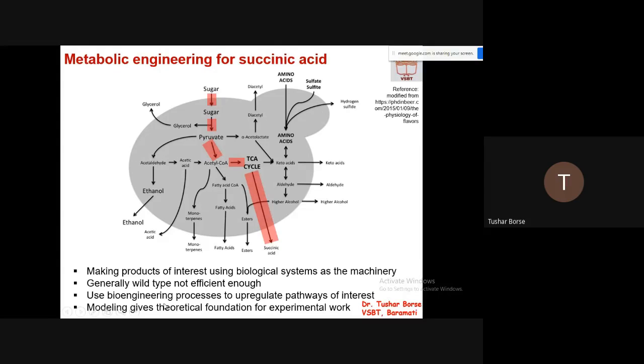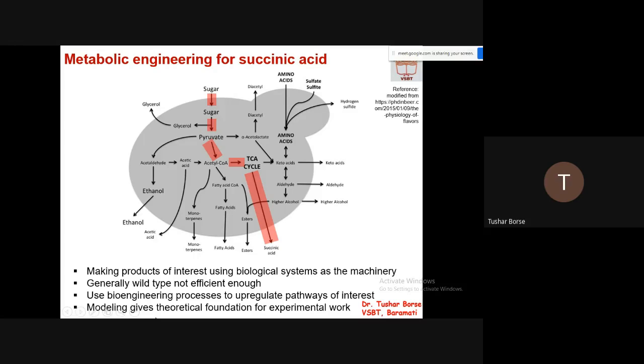So any kind of modification can be done, and for doing this you will have to go for modeling. You will have to prepare your own model where you consider all the types of complexities which are involved in the cell. You will first have to lay down your hypothesis, which you can call a theoretical foundation. That is what we do in the build stage: you first study the overall metabolism, the complexity, then the proteins which are required, then the genes which are required, and the regulation of all this.